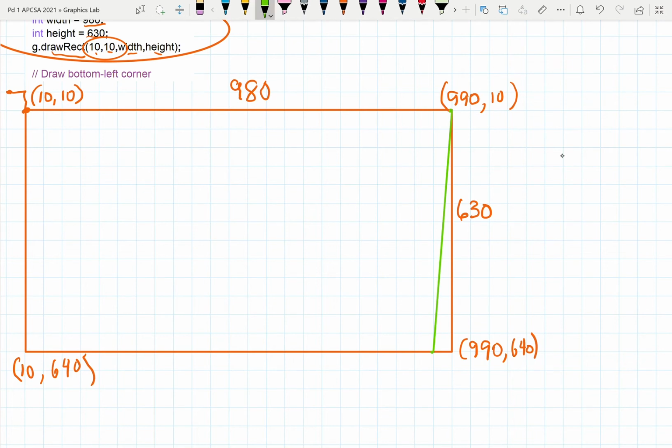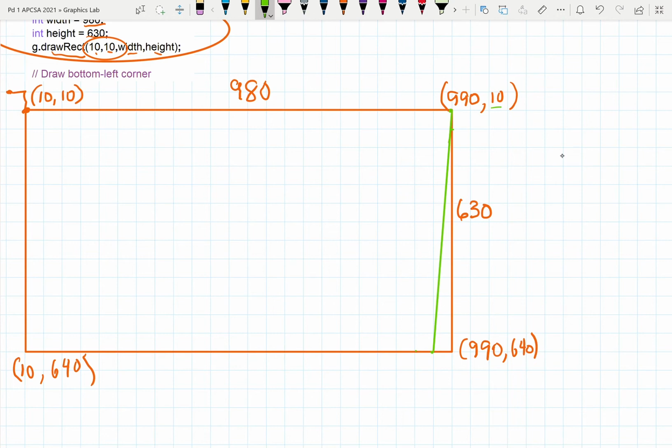And as I move down, I'm going to add a certain amount to the y coordinate because the y coordinate here starts at 10. So I'm going to increase the y coordinate, but I'm going to decrease the x coordinate and connect it to an x coordinate that is less than 990.